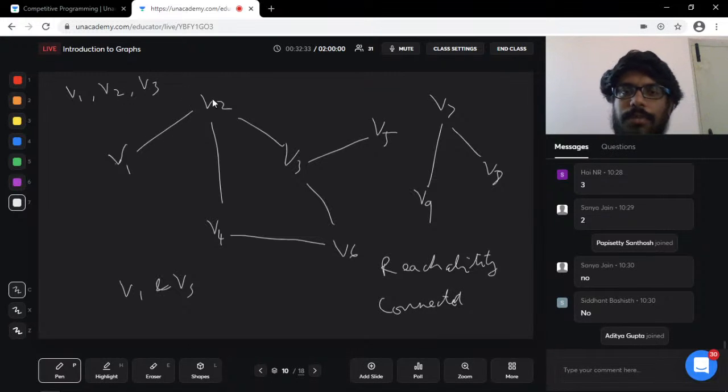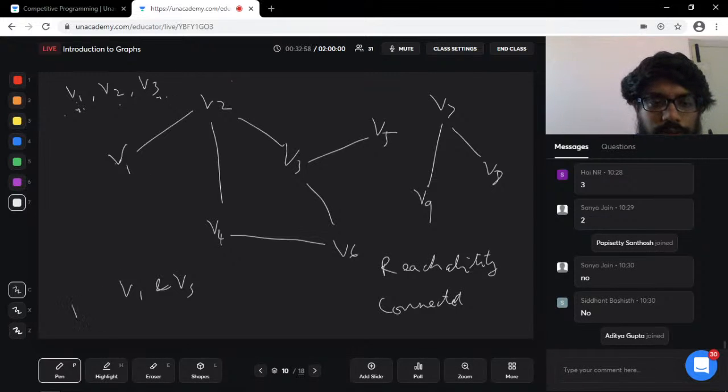V2 and V3 are adjacent because there is a direct edge between them. So there is a sequence of vertices such that every consecutive pair is an adjacent pair, and then the first vertex and the last vertex are said to be reachable from each other. So this is like a journey. From V1 I go to V2, from V2 I go to V3.